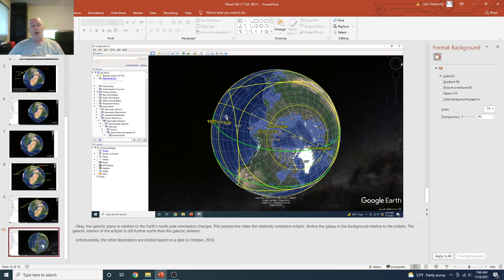So it basically is telling us that the ecliptic is further forward and closer to the North Pole orientation toward the galactic interior. That means that our solar system, believe it or not, is actually like, if this little guy right here is our black hole, we're going around it, and the solar system from your point of view would be going this way.